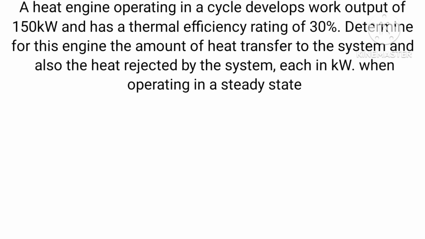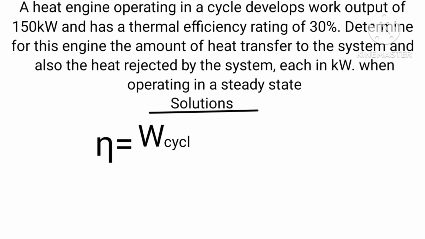So what we've got to do first is find the heat transferred into the system. The formula you use is eta equal to W cycle over Q in. Like I said before, a power cycle is characterized by its cycle efficiency.